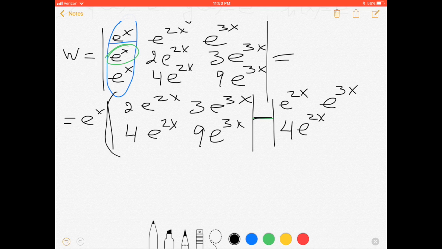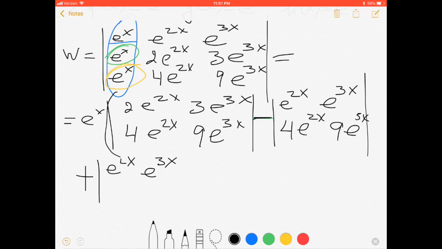Who didn't take linear algebra yet, remember your Calc 3 class when we worked with vector spaces, where we used something similar. And fixing the last one, here is the third row and first column, 3 plus 1, an even number. This means go with plus. And here we have e to the 2x, e to the 3x, 2e to the 2x, 3e to the 3x. Okay.